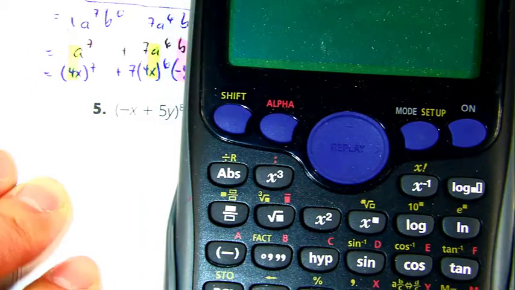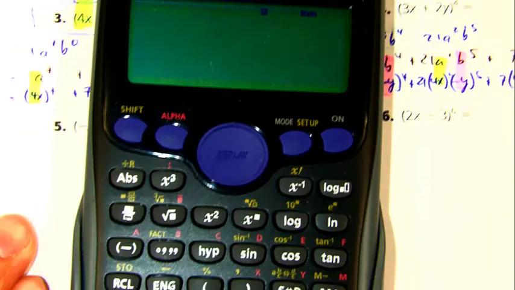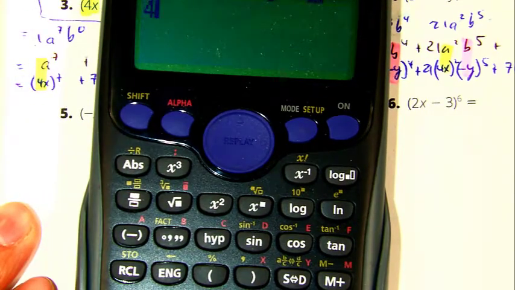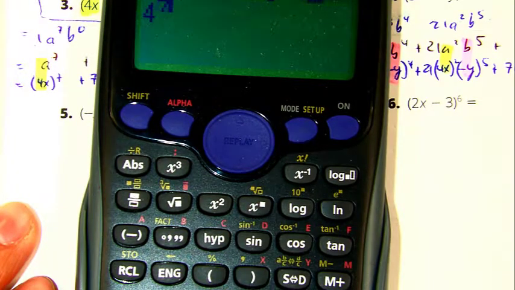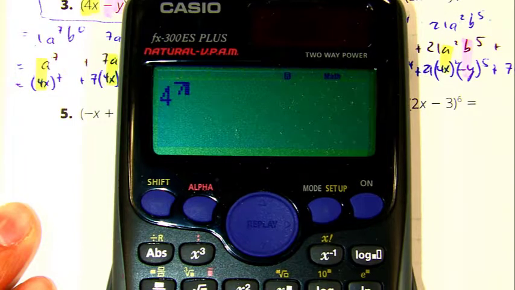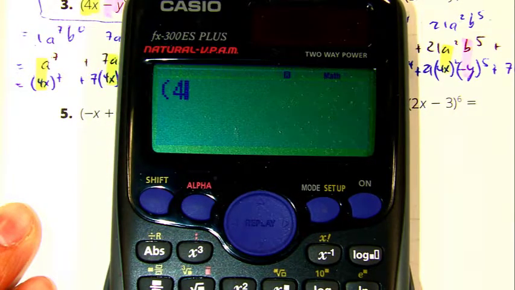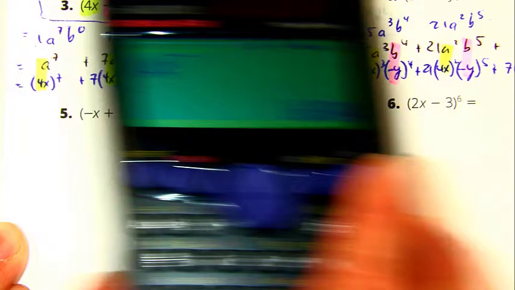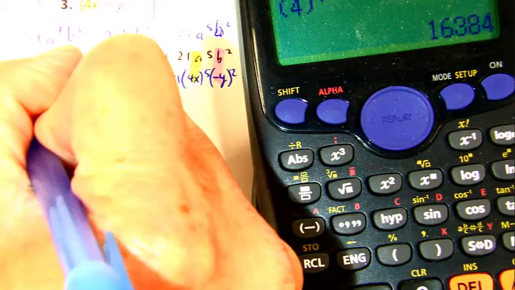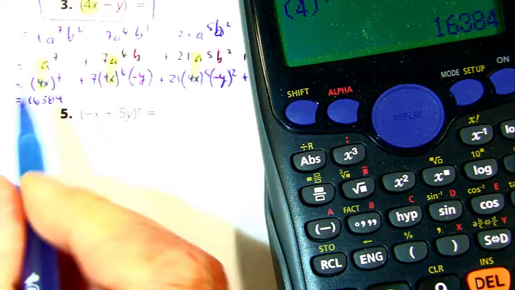On my calculator, I'm going to type in 4, and then this is my exponent button right here, and you have something to the 7th power. Let's practice putting those in parentheses. 4 to the 7th power equals 16,384, and that is x to the 7th power.